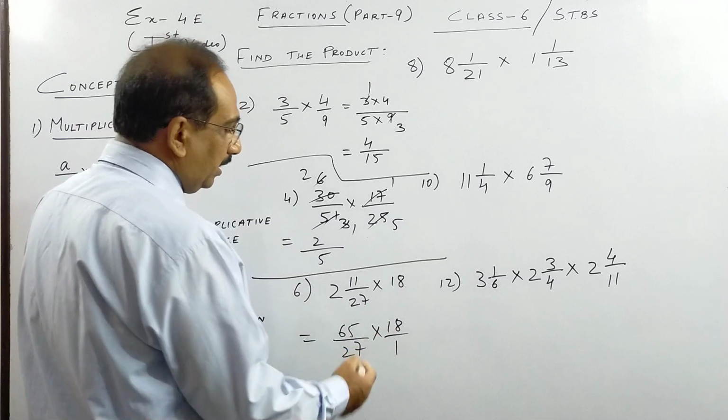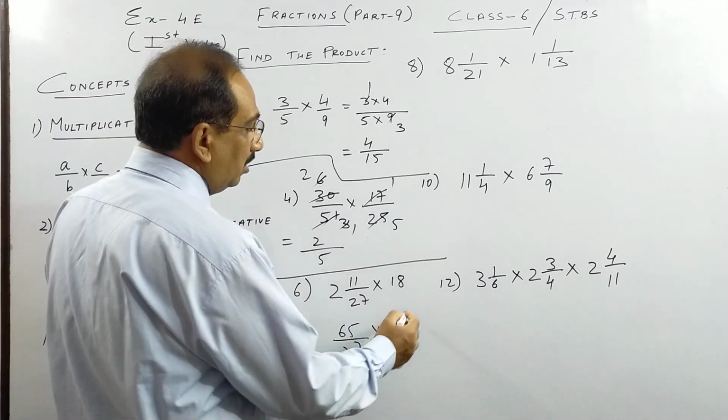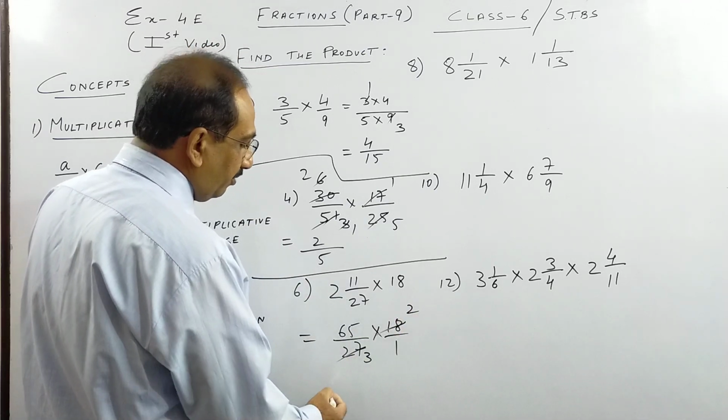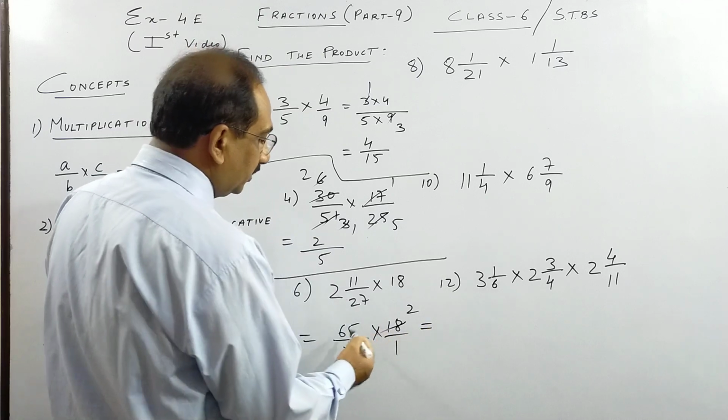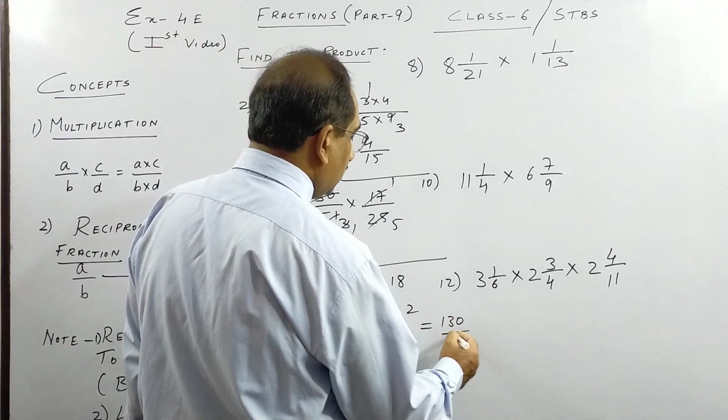So 18 and 27, children, if you know, they come in table of 9. 9 twos are 18, 9 threes are 27. Now 65 will not go in table of 3. So we have 130 by 3.